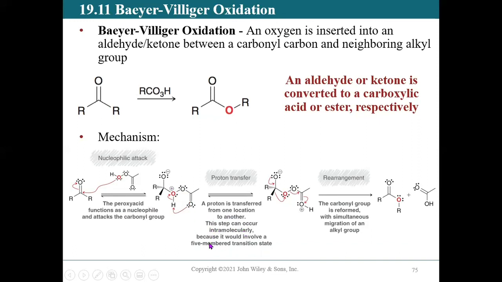This step can occur intramolecularly because it involves a 5-membered transition state. And then we have the rearrangement. The carbonyl group is reformed with a simultaneous migration of an alkyl group. So this alkyl group here migrates to this, and then we have the two products.